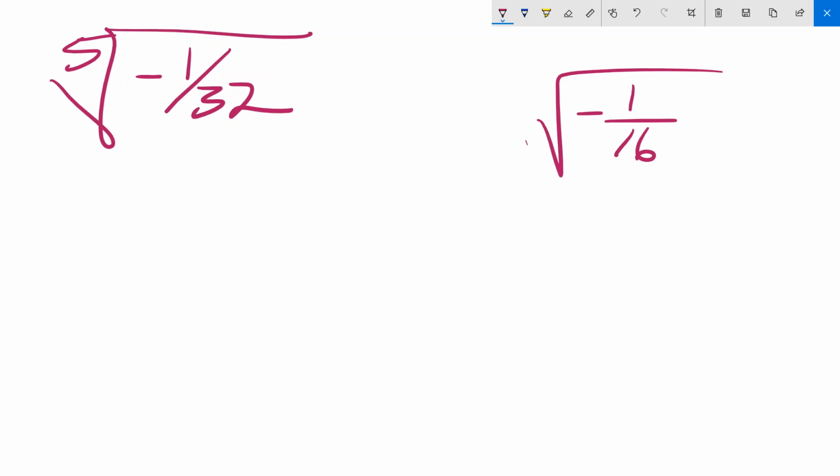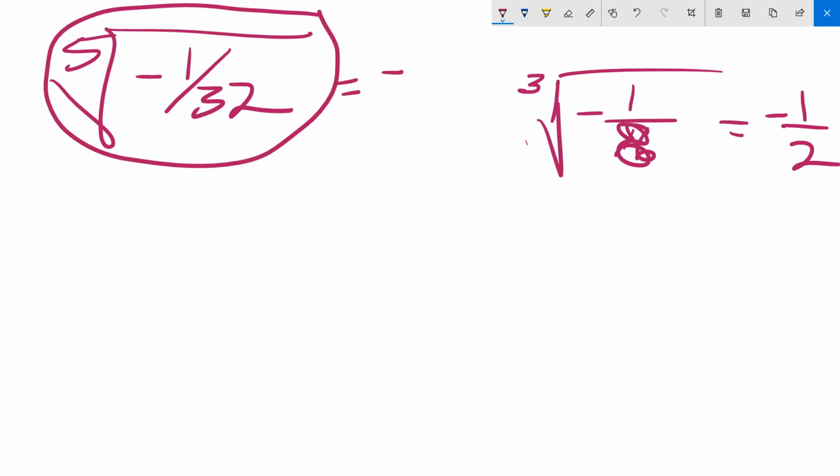No, you can't take the square root or the even root of negative numbers, but you can take the odd root. In other words, I could take the third root of negative 1/8. What would that be? Negative 1/2. Yeah, not plus or minus, just negative. Only negative 1/2 times itself 3 times gives you negative 1/8. So what is this answer?